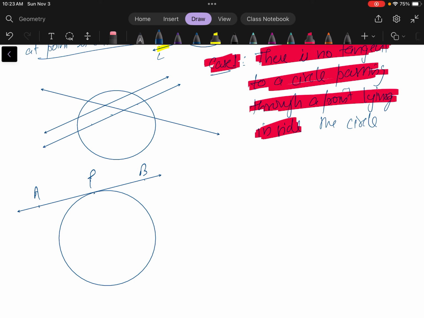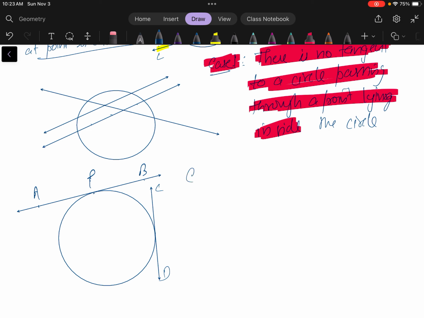If I have another point over here and draw a line that is touching this circle, this is the tangent. Let's assume this is CD. It is touching at only and only one point.